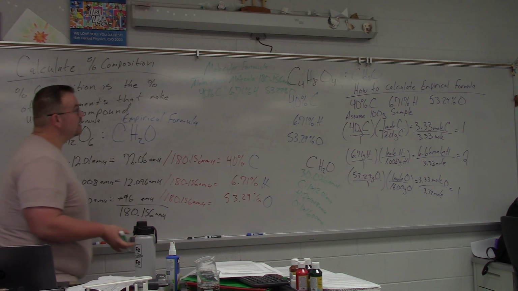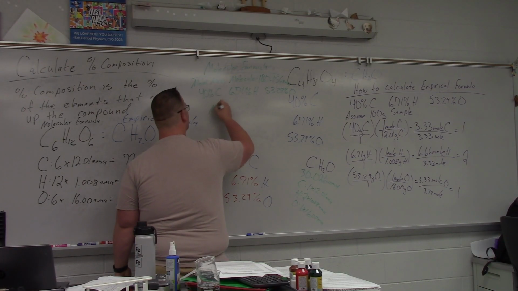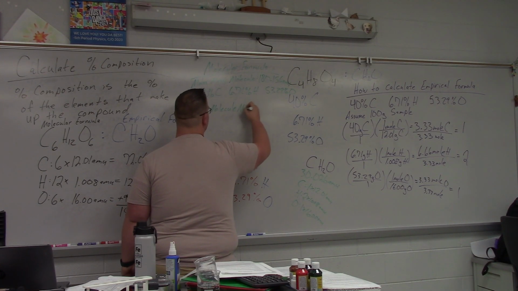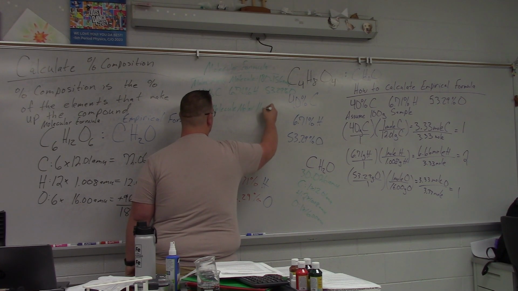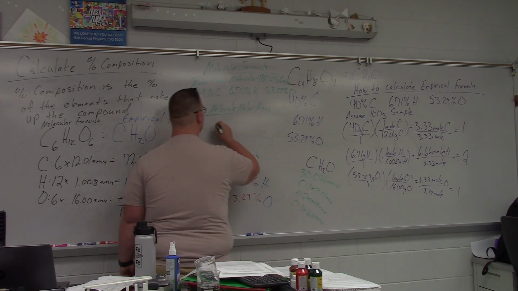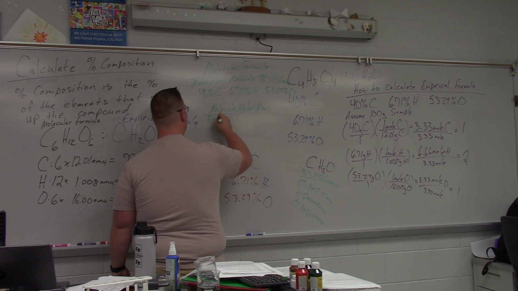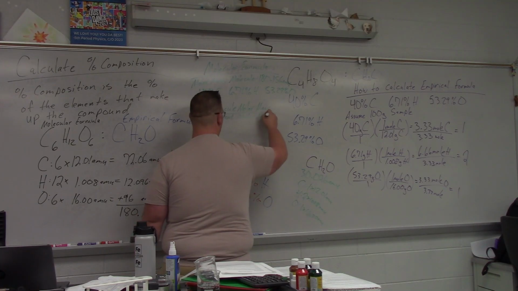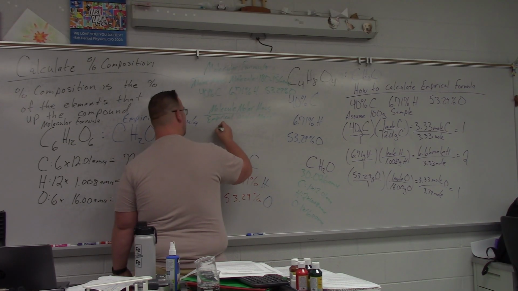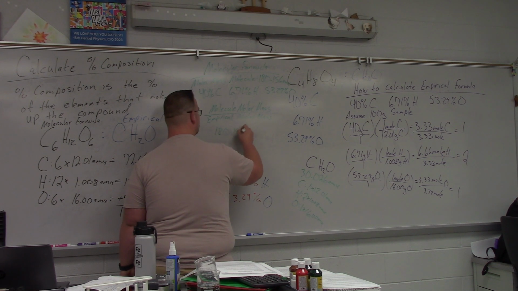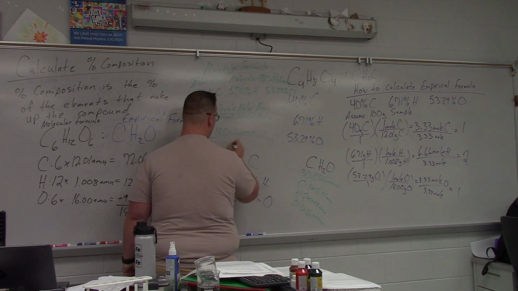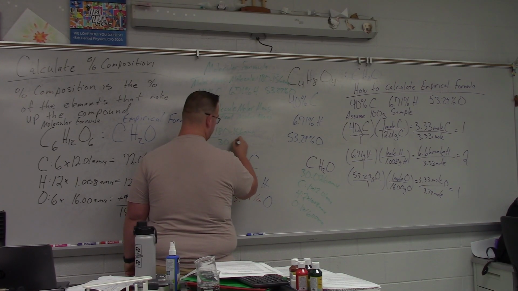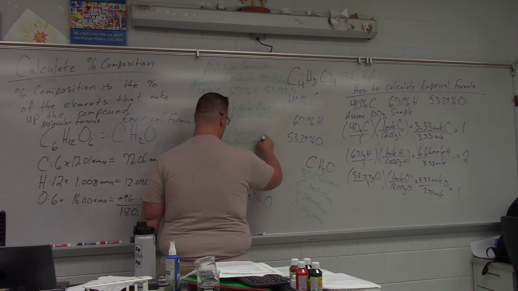Now all you have to do, take the molecule molar mass, divide it by the empirical molar mass. When you do this, you'll get 180.156 AMU, and we'll divide that by 30.026 AMU.